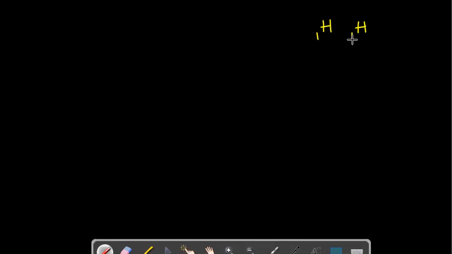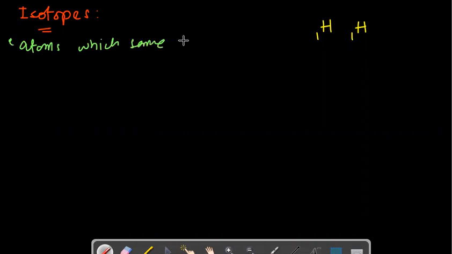Such species are known as isotopes. Okay. So whenever we talk about isotopes, always keep in mind isotopes are the atoms which have the same atomic number.